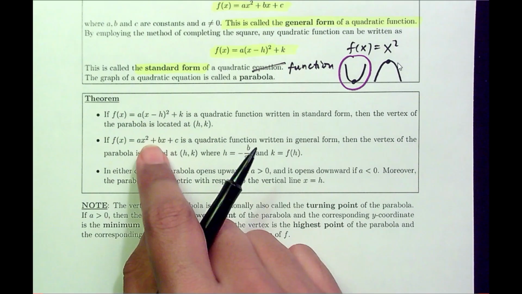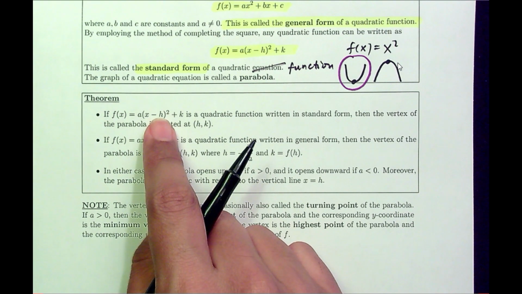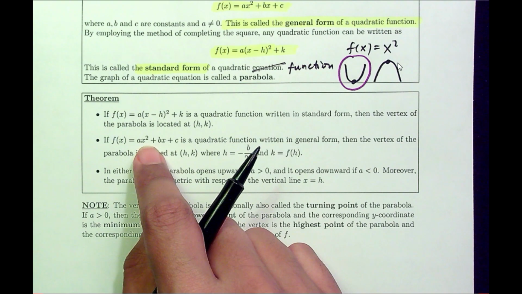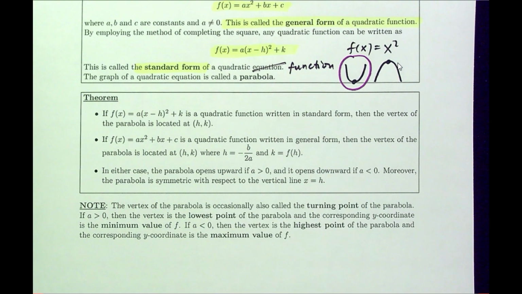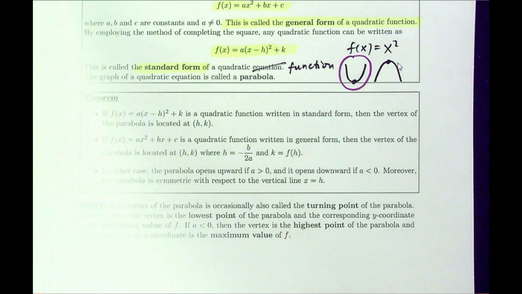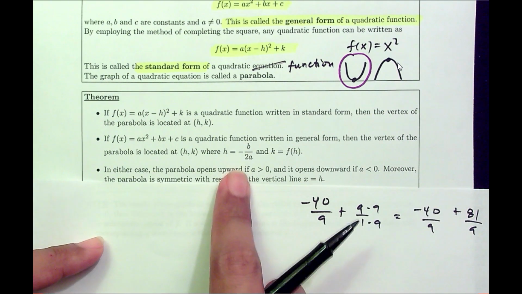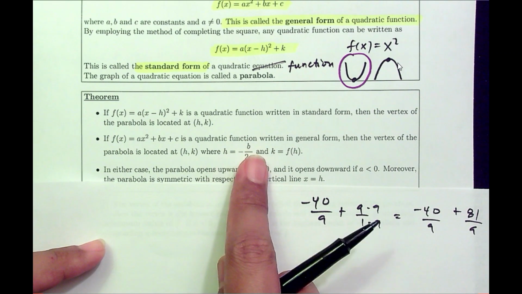Okay, and so that's if you have it in standard form. What if you don't have it in standard form? What about if you have it in general form? Well, in that case, there's a neat little formula that normally you memorize. The formulas are like this. The h is going to be negative b over 2a.